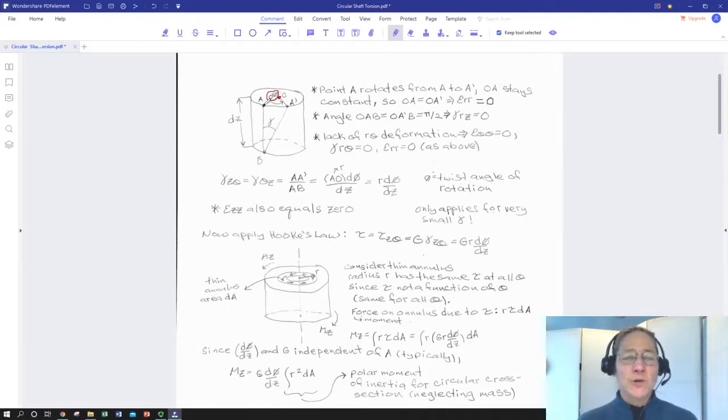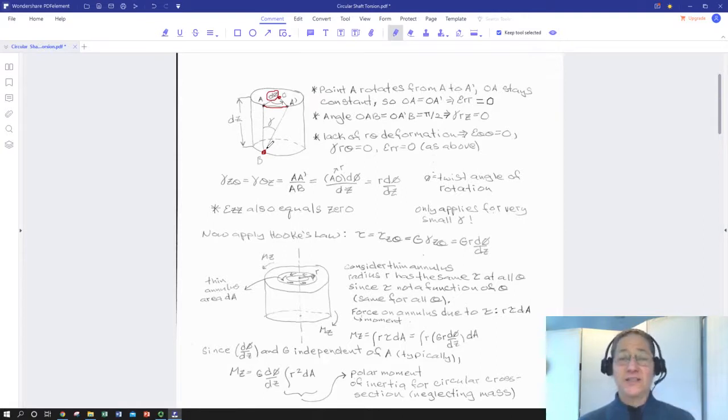And we're going to look at a couple of points out on the circumference. We're going to look at point A that moves over to point A prime due to this twist. And down here at the bottom of our dz element we have point B, which doesn't move anywhere because we're not rotating the cylinder. If we rotated the cylinder, we'd have B going from B to B prime, but the cylinder's twisting.